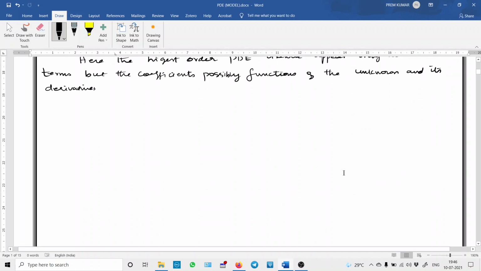So I will just generalize this. It will be like this. A1, usually it is a function of x and y only, but here it is a function of u, ux and uy.